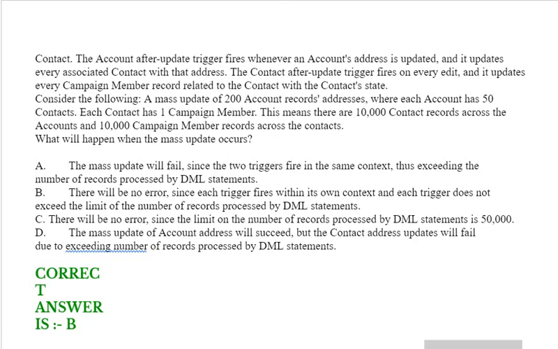Option C. There will be no error since the limit on the number of records processed by DML statements is 50,000. Option D. The mass update of account address will succeed, but the contact address update will fail due to exceeding the number of records processed by DML statements. Correct answer is option B.